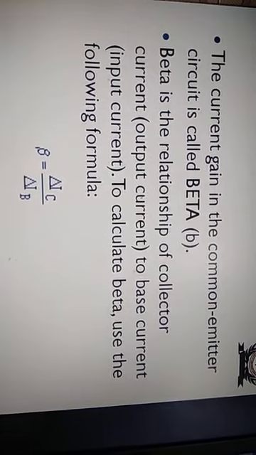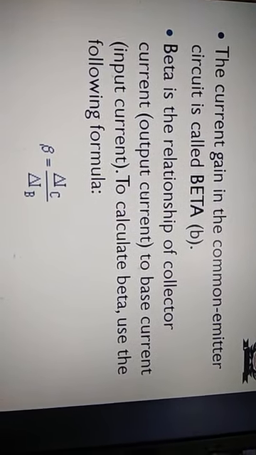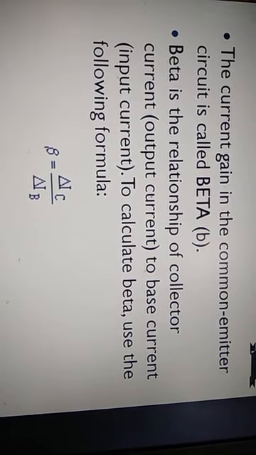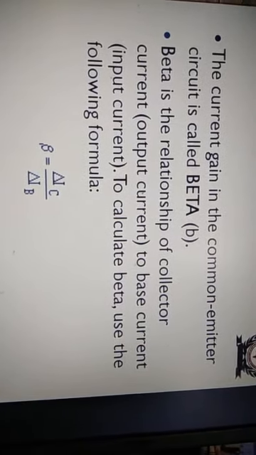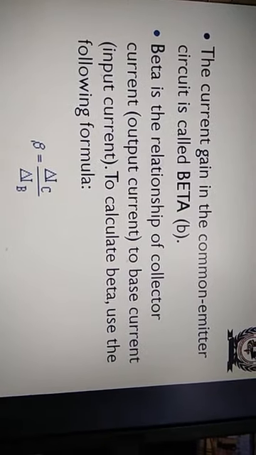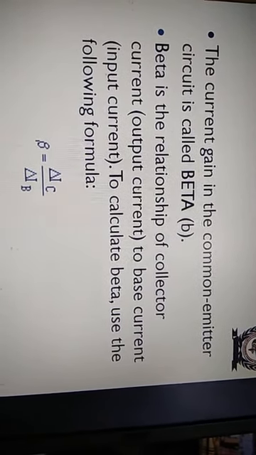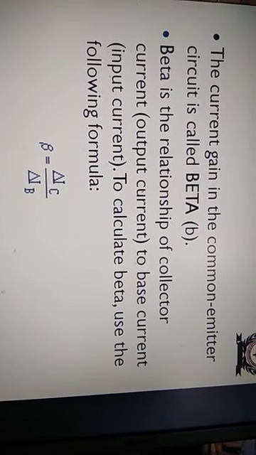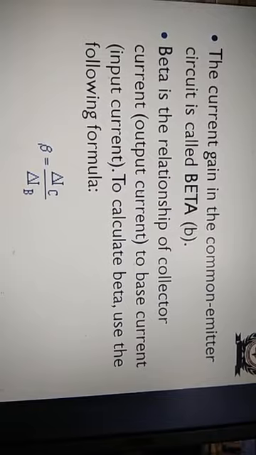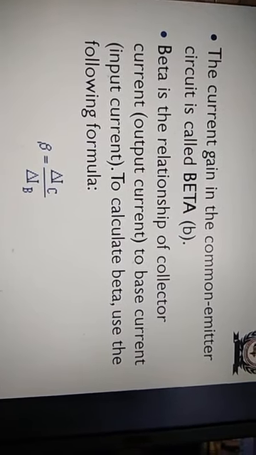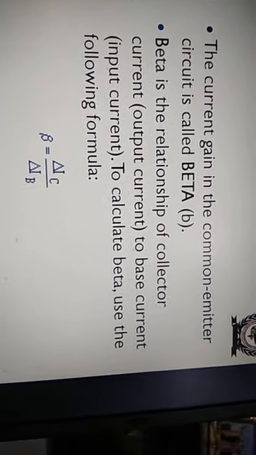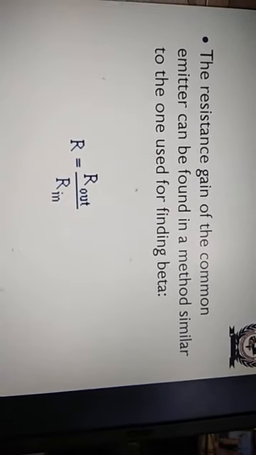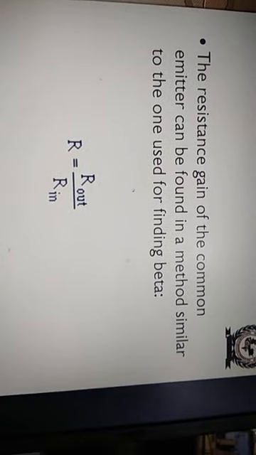To calculate beta, we use beta equal to delta IC upon delta IB, that is, change in collector current upon change in base current. In terms of the low frequency H parameter model, beta is given by HFE, alpha is given by HFB, and gamma is given by HFC. And there are internal relations between alpha, beta, gamma.